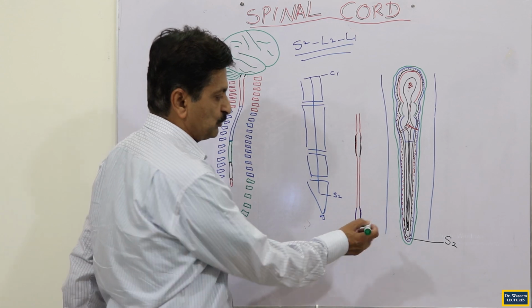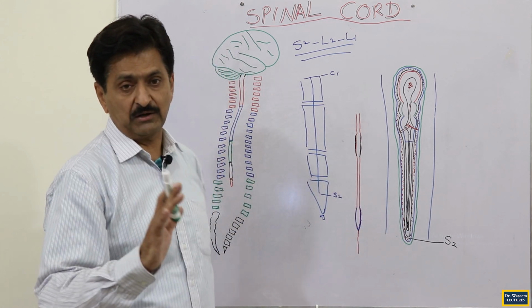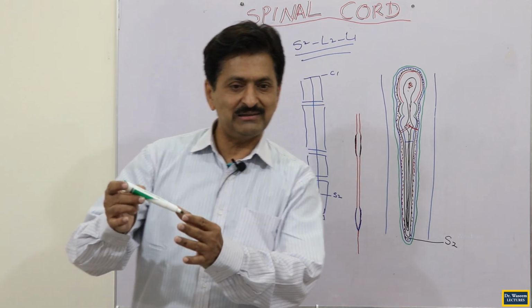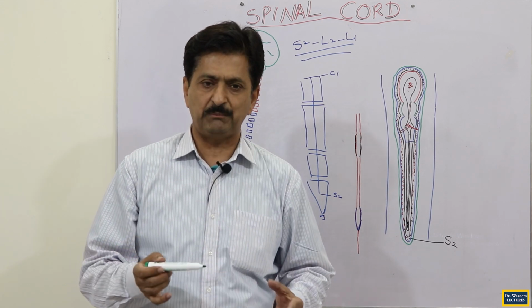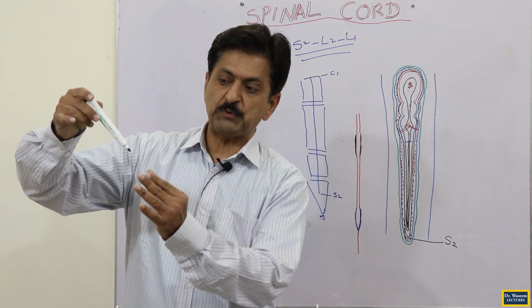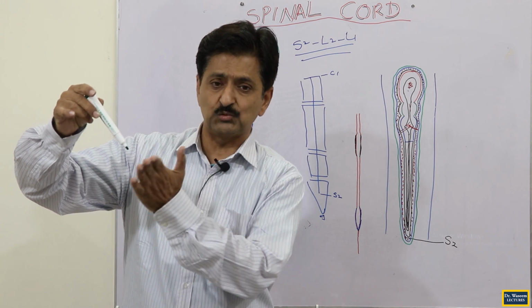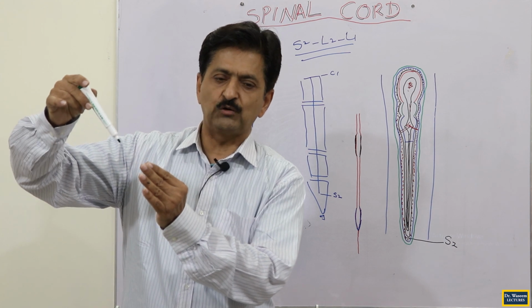But we have already told you that S2 is not the final level of your spinal cord. S2 was the level at the very early stage of embryonic development. By the time the baby is born, the lower end of the spinal cord has settled at the lower part of L2, which later settles at the lower part of L1.